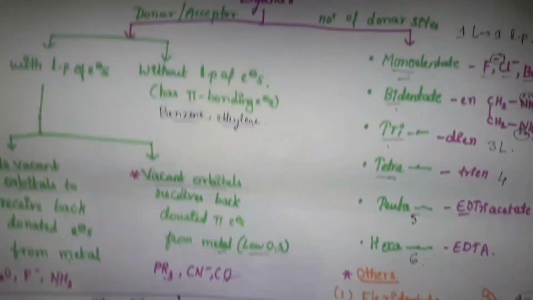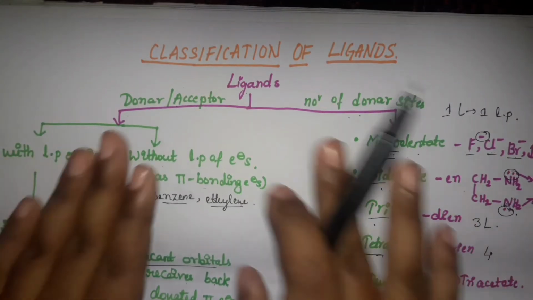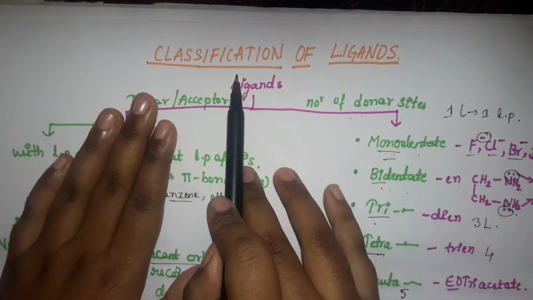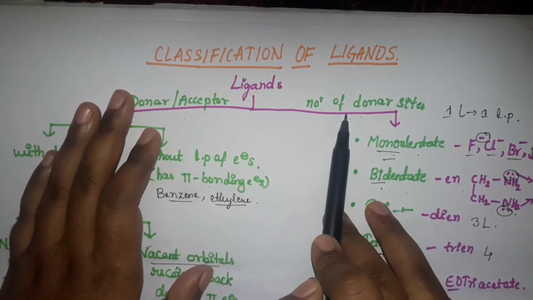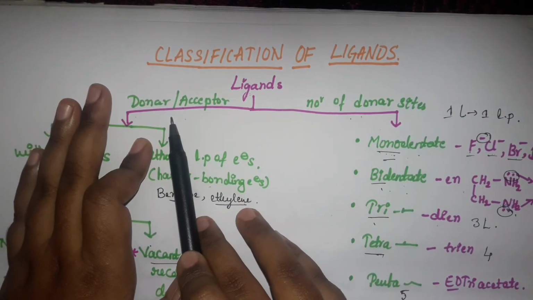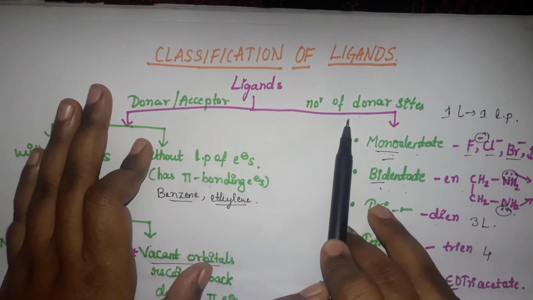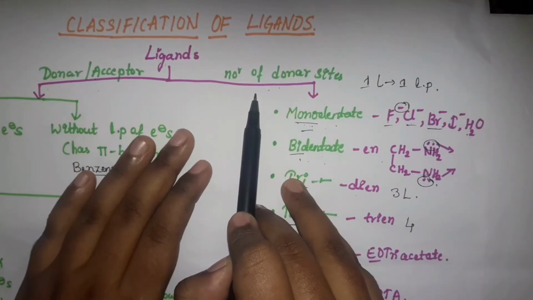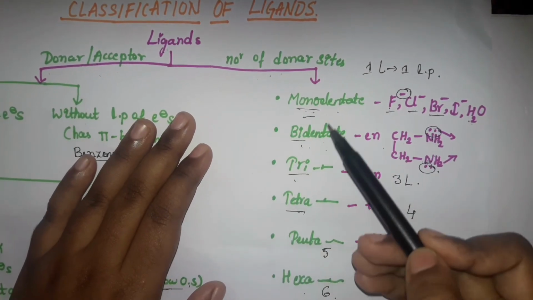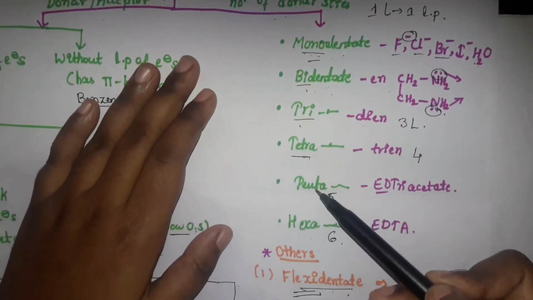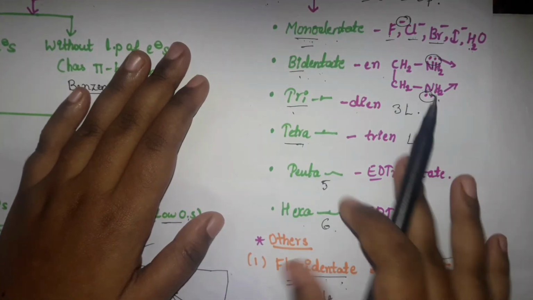Once again, let us recall what we studied today. Classification of ligands is based on two types: one is the donor or acceptor category, another is the number of donor sites. Under number of donor sites we study monodentate, bidentate, tri, tetra, penta, hexa, and it goes on.